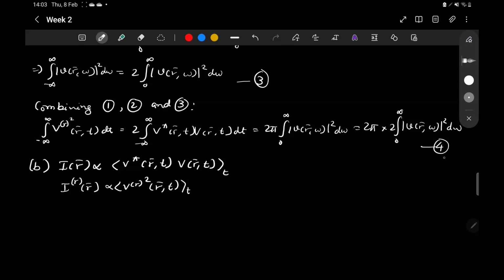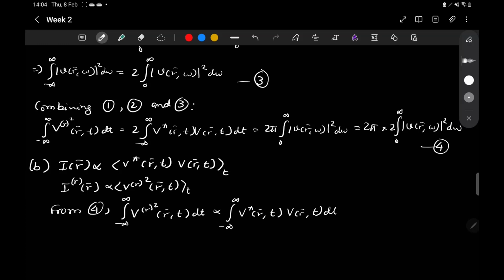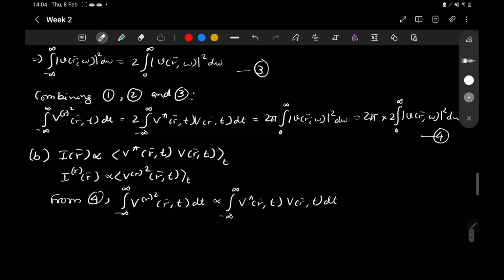Now from this equation 4 over here, this gives us that the intensities are also proportional.